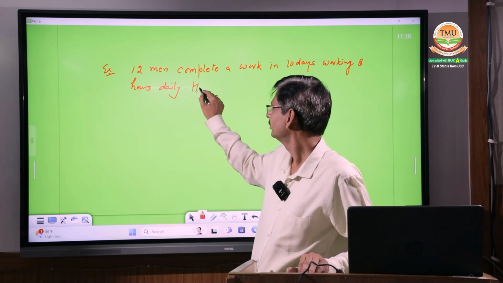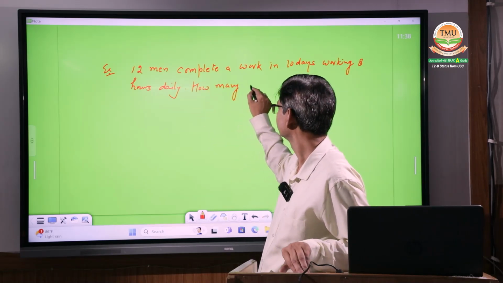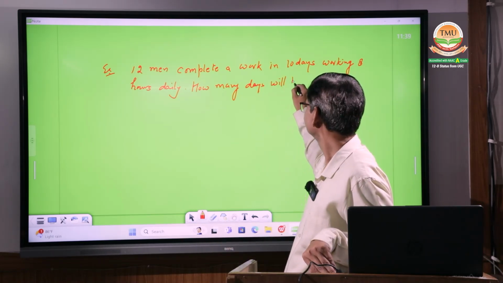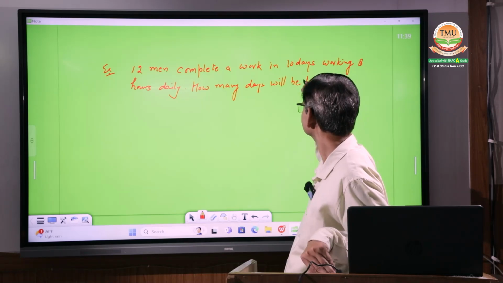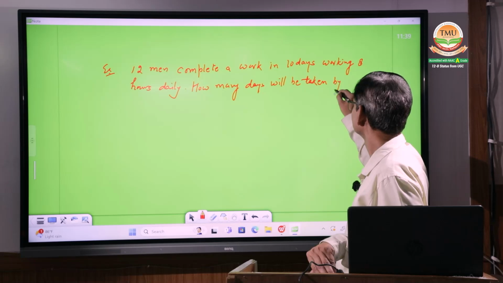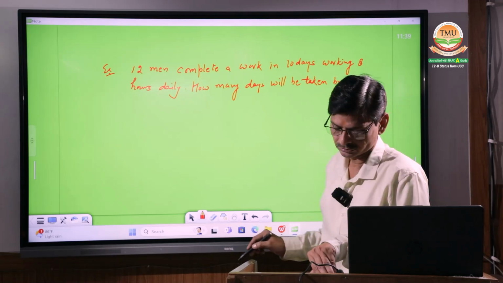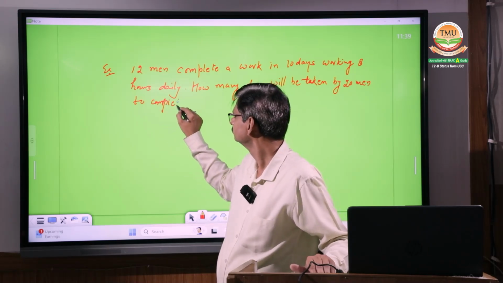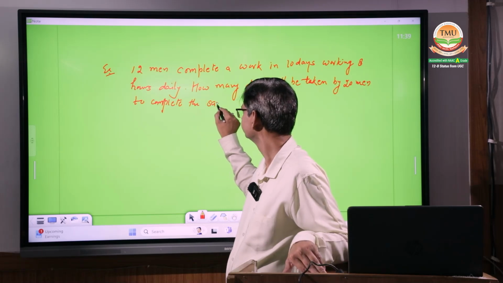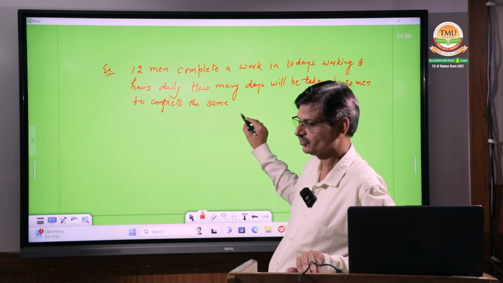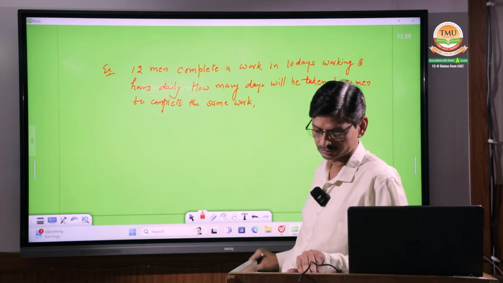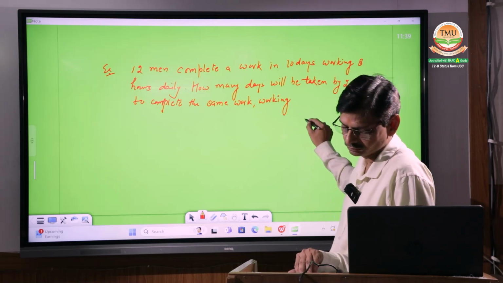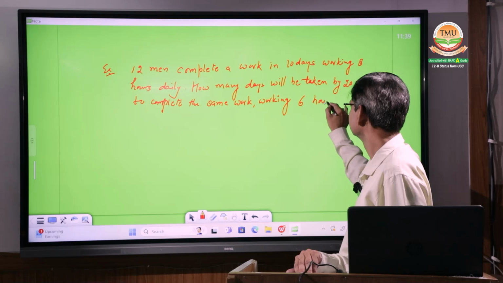How many days will be taken by 20 men to complete the same work, working 6 hours daily?